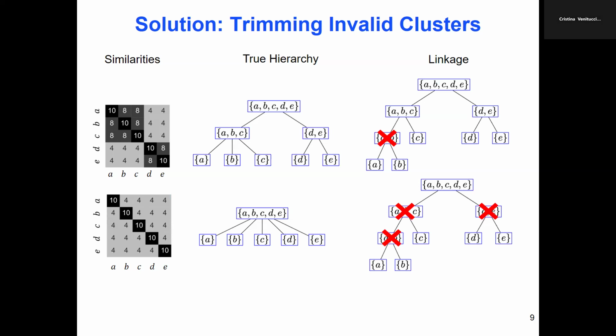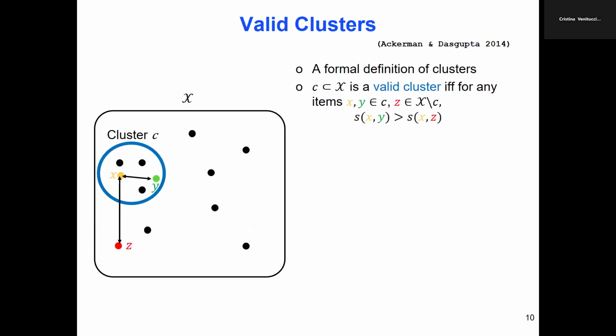And so what's the rule that I should apply? Well, the rule is actually quite simple. It's what was already put forward in a paper from 2014 as a good cluster.